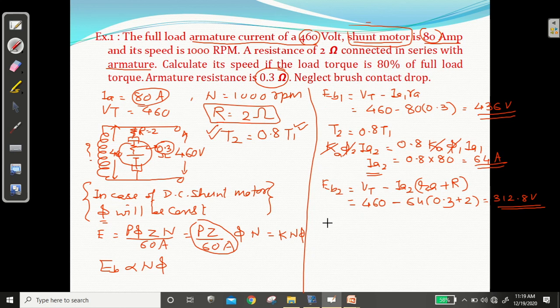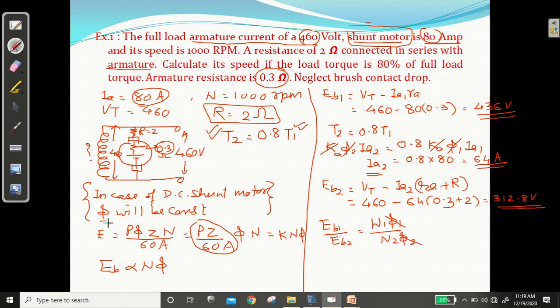EB1 is known, EB2 is known. EB1 upon EB2 इक्वल टू N1 phi 1 लिख सकते हैं अपॉन N2 phi 2. भाई K N1 phi 1 upon K N2 phi 2. So K will be cancelled. Okay. Now in case of shunt motor, phi is constant.